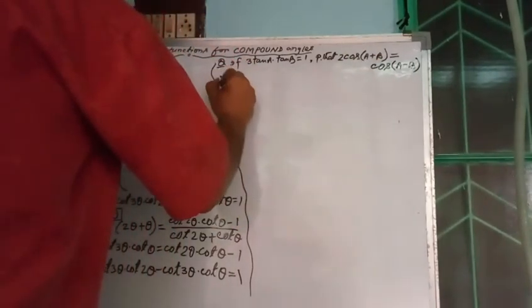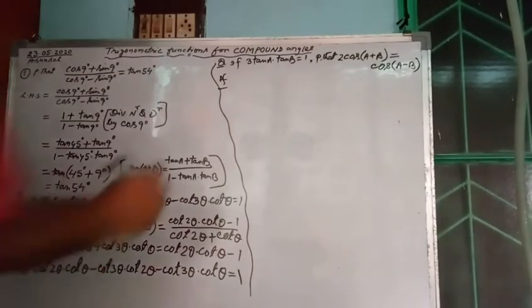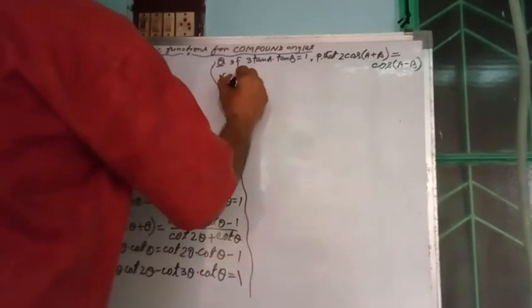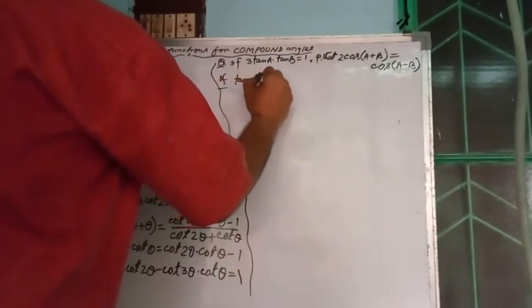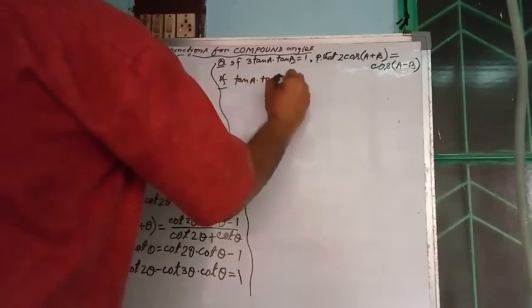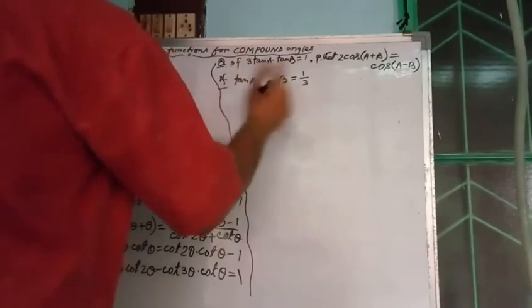Now prove. It is given 3 tan A into tan B is equal to 1. So we can easily write tan A tan B is equal to 1 by 3.